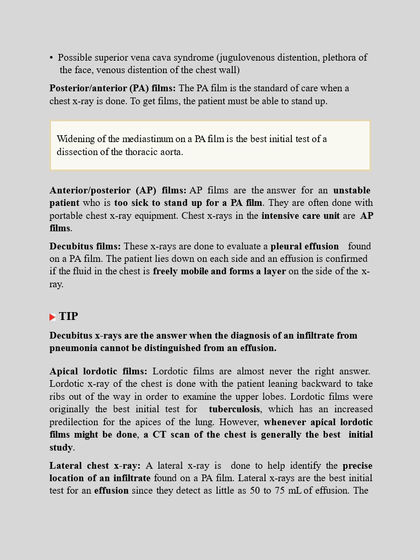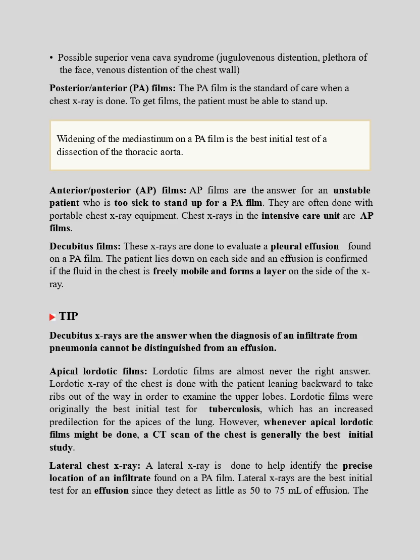Also, we have so-called apical lordotic films. This type of film is almost never the right answer. A lordotic X-ray of the chest is done when the patient is leaning backwards to take the ribs out of the way in order to examine the upper lobes.